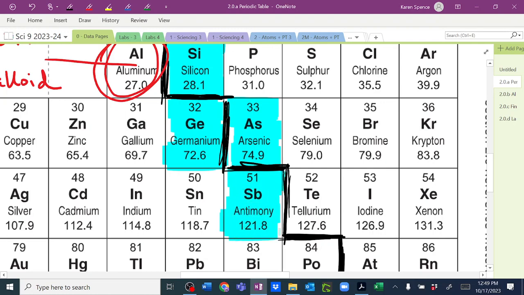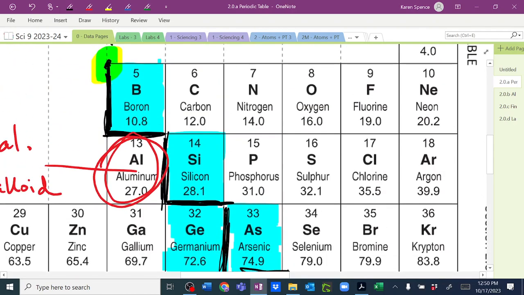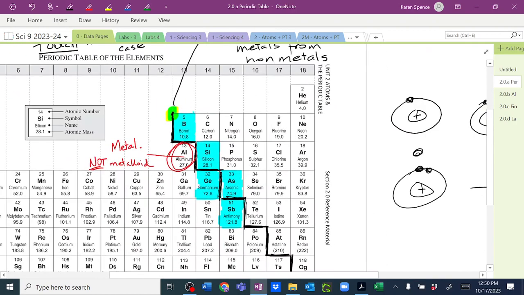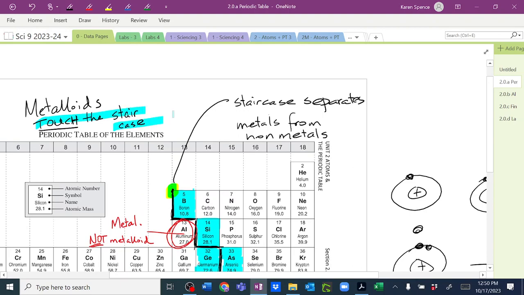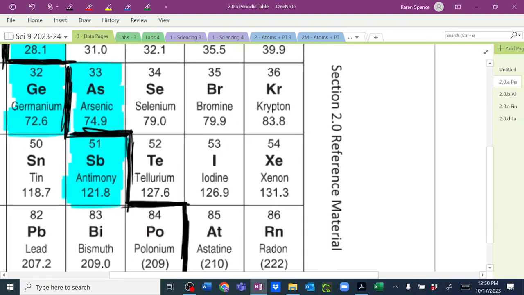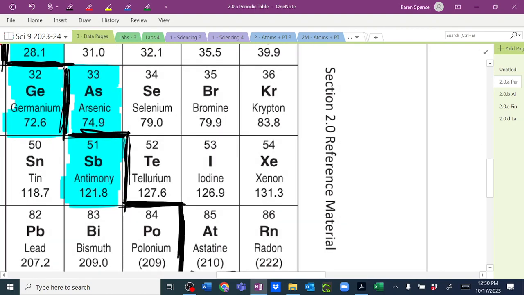But you have to tell me another metalloid first. And remember, metalloids, what do they do? Metalloids touch the staircase. Tellurium, yes.